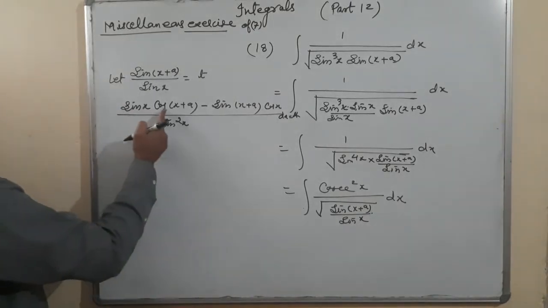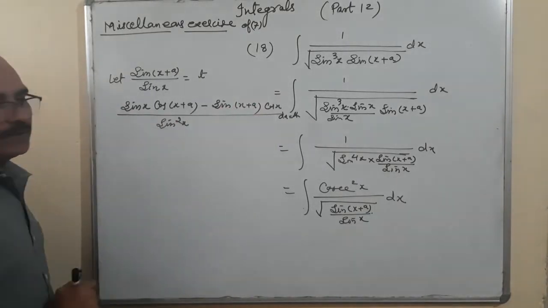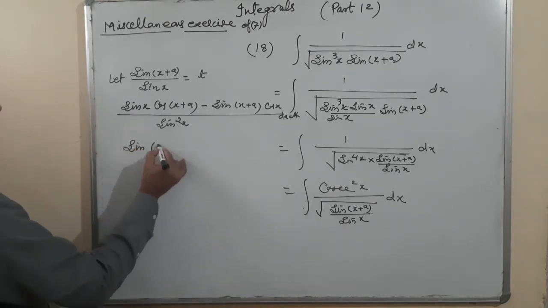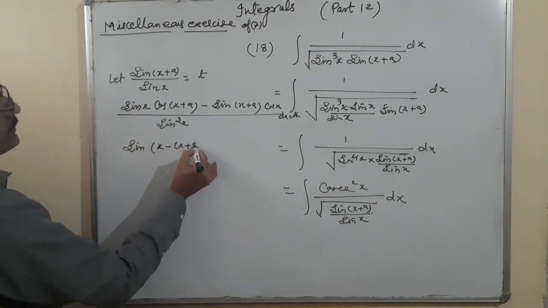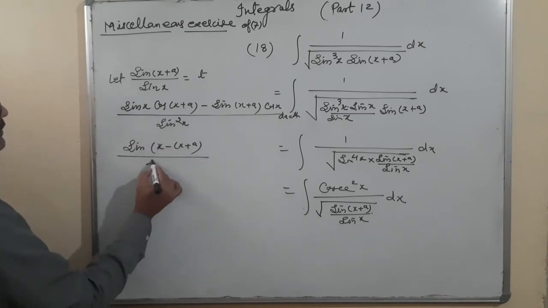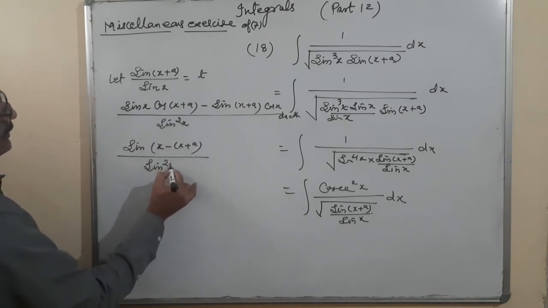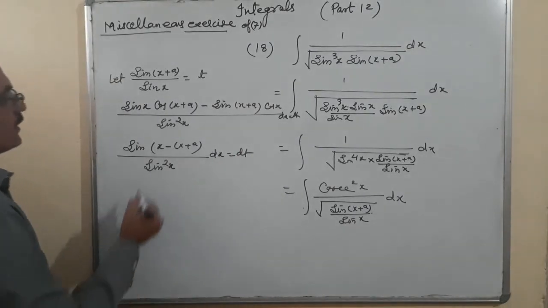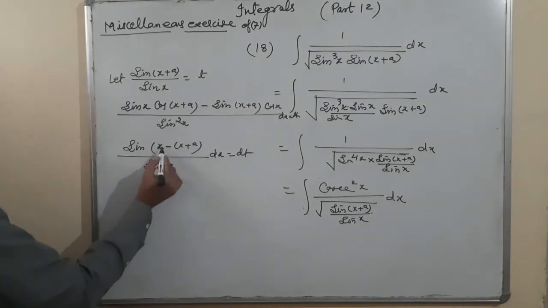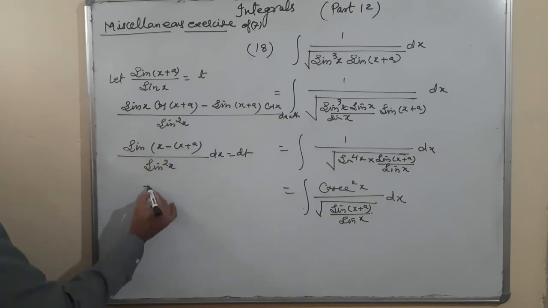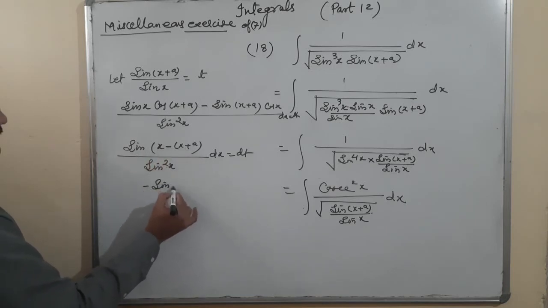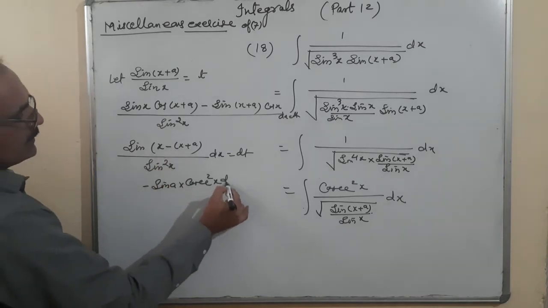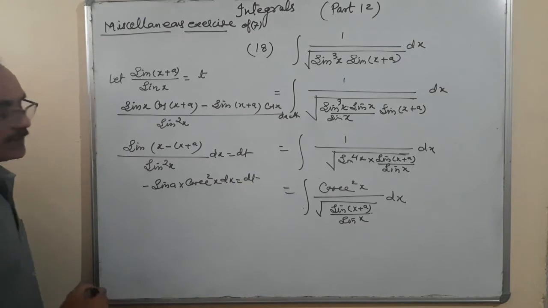That is sine a cos b minus cos a sine b, the sine a minus b formula. So sine a minus b upon sine square x, dx is equal to dt. The x cancels, leaving minus sine a into cosec square x dx is equal to dt. Got it?